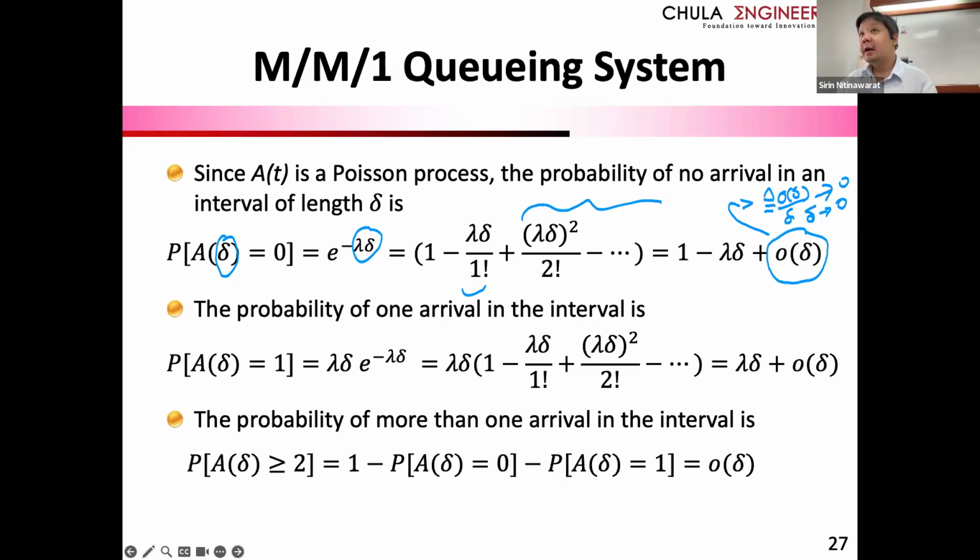To put it differently, as delta is going to zero, the dominant two terms are the first two.